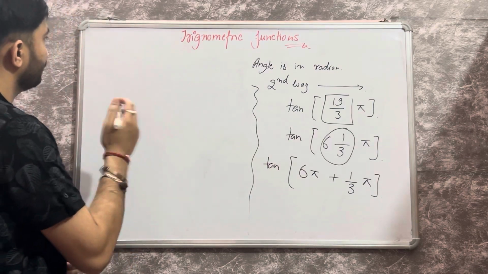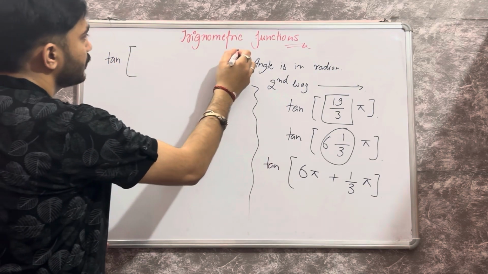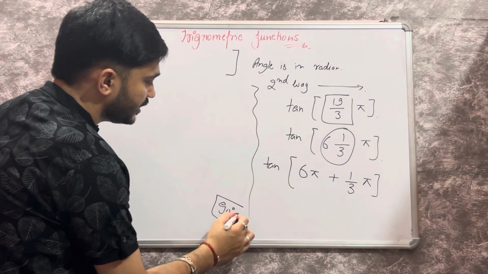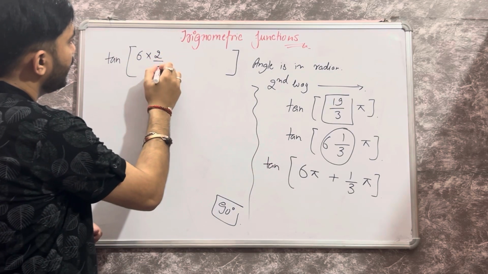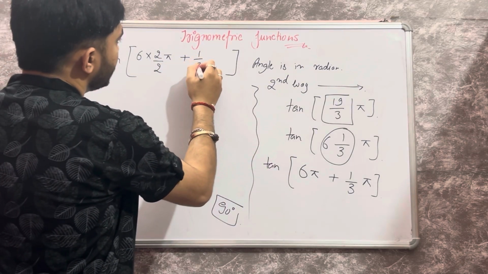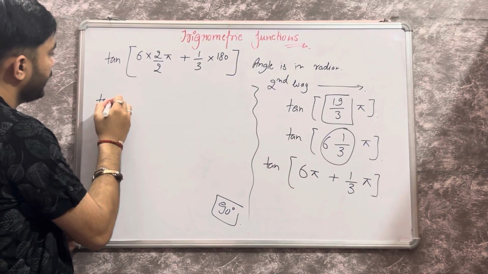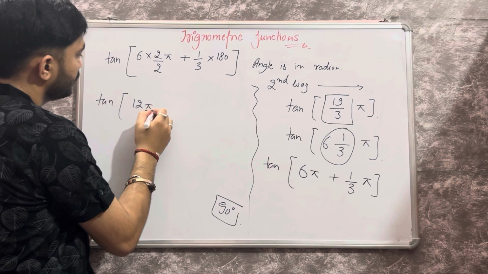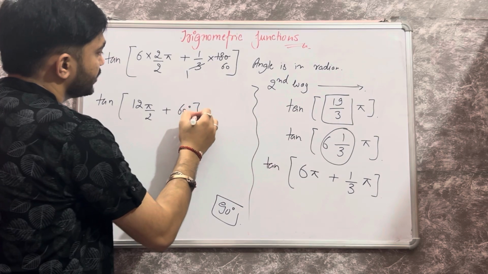Now look here, what we are going to do. Tan of 6 pi: since we always divide by 90 because it is the easiest form, we multiply by 2 and divide by 2 as well and write pi by 2. Plus, 1 by 3 into pi is 180, which gives 60 degrees.